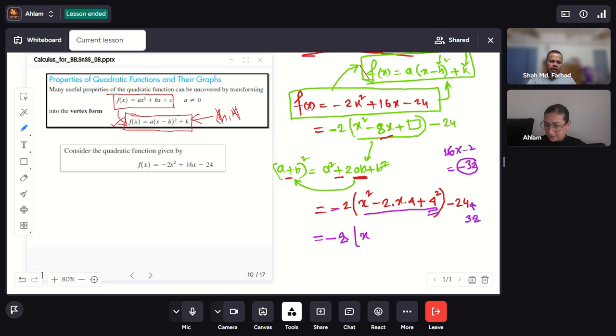So we can write x minus 4 whole square power 2, and then plus 32 and negative 24. So what will be the result here? 8, right? Plus 8.